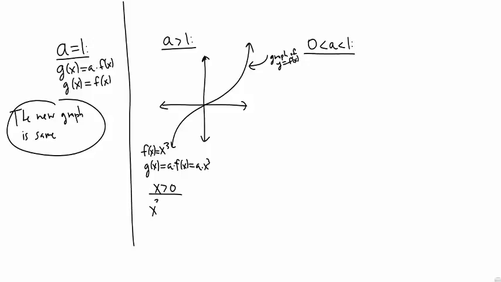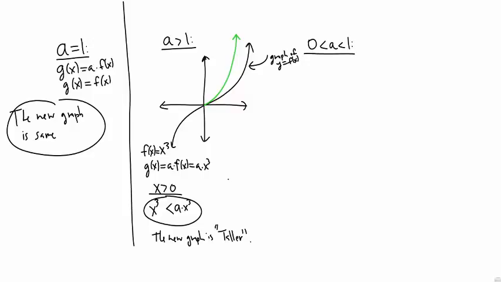On one hand, you have x cubed, the output for f, and you have a times x cubed, the output for g. We see that x cubed is positive since x is, and a is positive. It's a positive number greater than 1. So this number on the right will be larger than the number on the left. Let's take a look at the graph of this new function for positive inputs. It looks like that. The graph is taller.